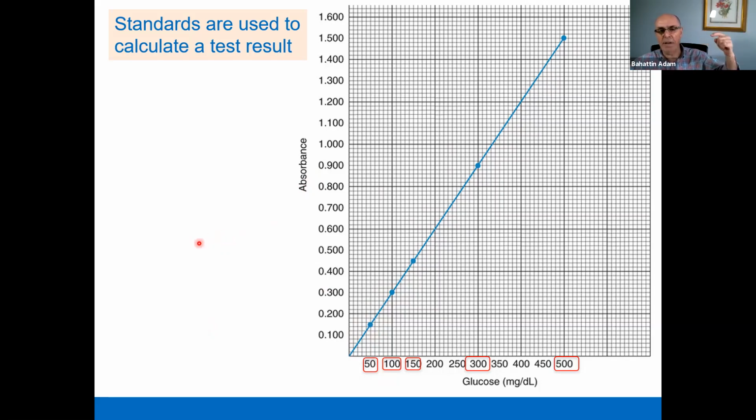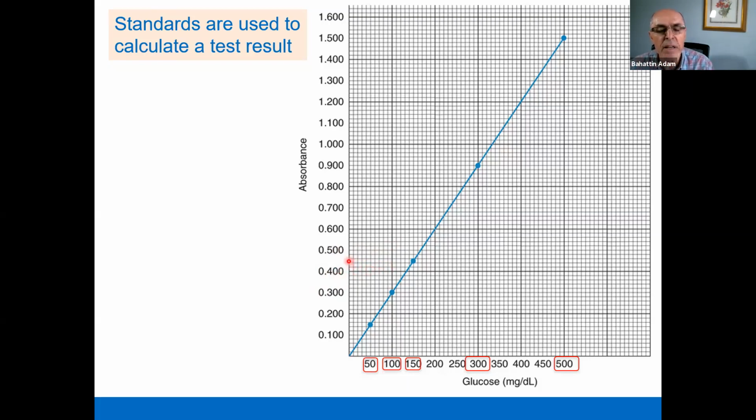Let's say I measured 0.45 as the absorbance of the unknown sample, and here 0.5 and 0.4 and 0.5, right? Now I am going to come here.